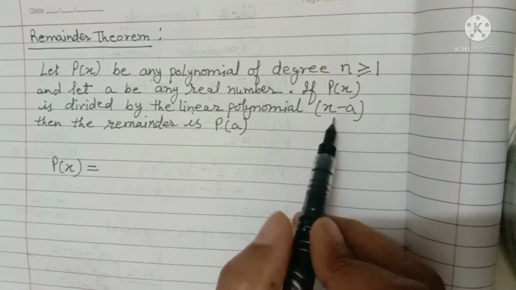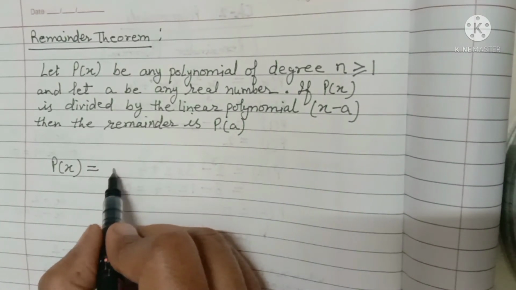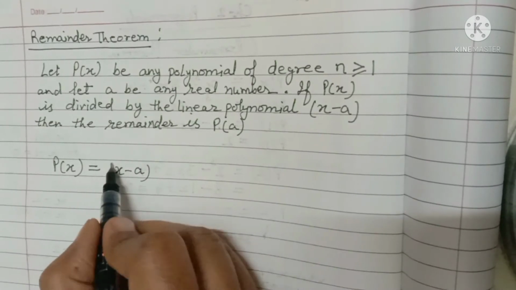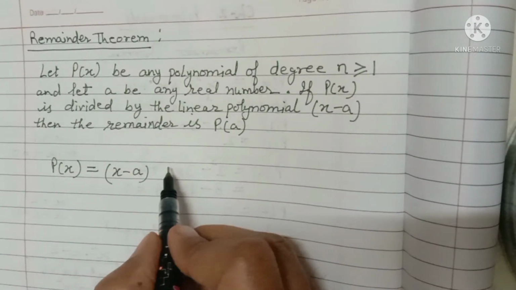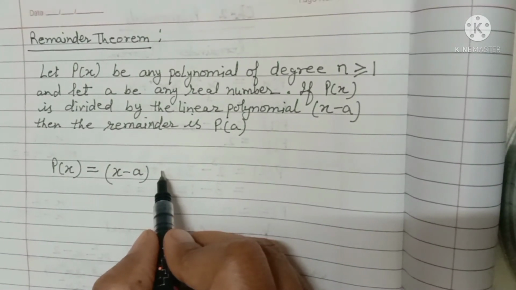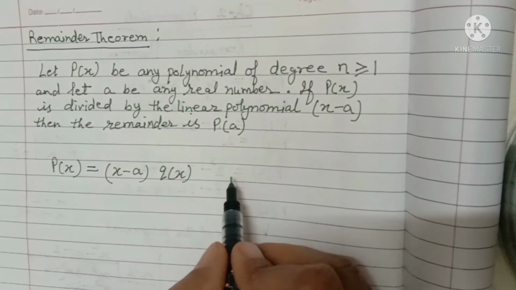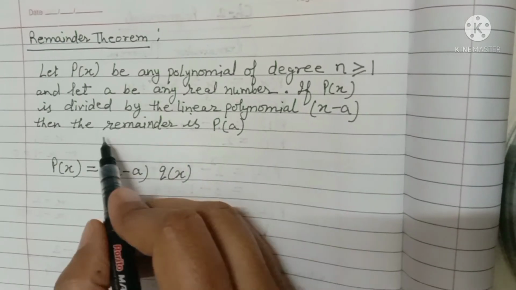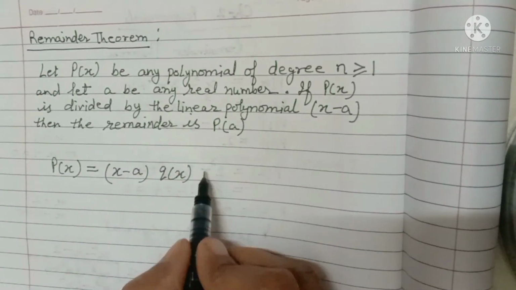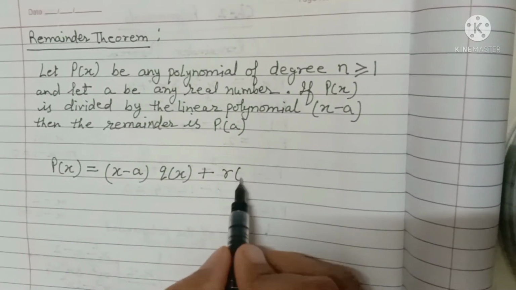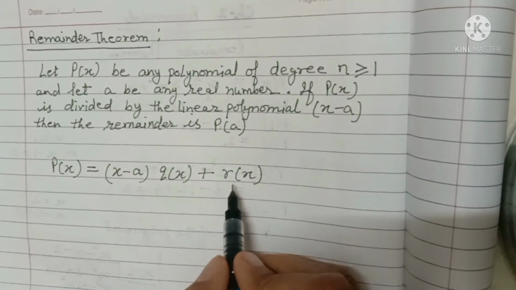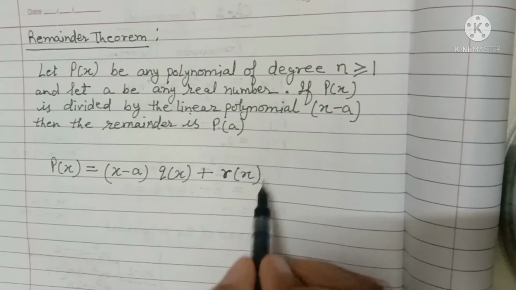So x minus a is a divisor, and you will get a quotient, suppose the quotient is of the type q(x), and the remainder is, suppose, the polynomial r(x).